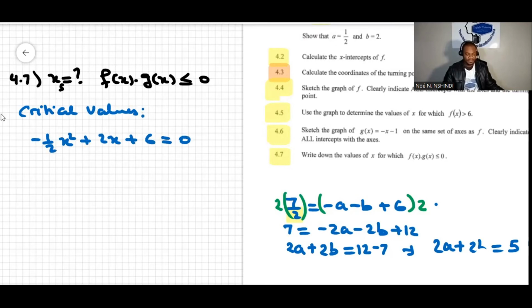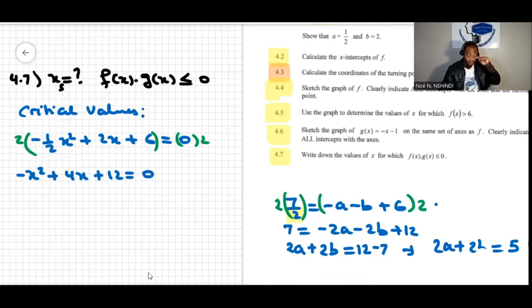I prefer to multiply the whole equation by 2 to get rid of the fraction, and then this will be negative x squared plus 4x plus 12 equal to 0.